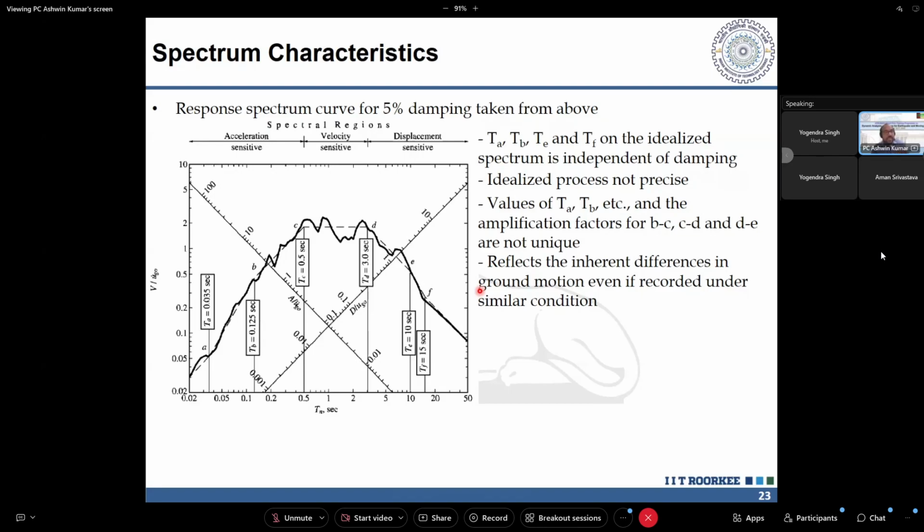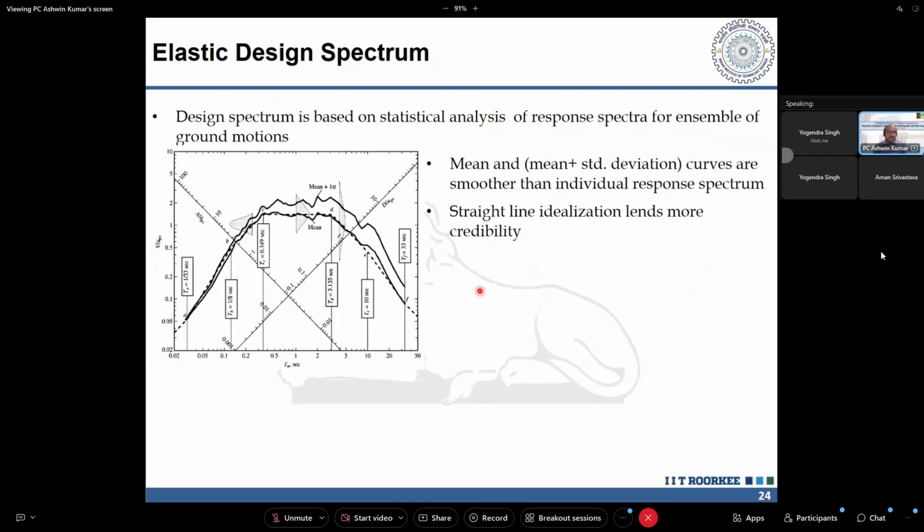Roorkee is not a strike slip kind of setting like San Francisco. If a lot of data is available from California, can I use it in Roorkee? No, probably not. One, the soil condition may not be the same. The tectonic motion is strike slip in one, while here it is a thrust fault. It cannot be the same. So multiple ground motions should be considered. You will need to look at the traits of the response spectrum characteristics curve.